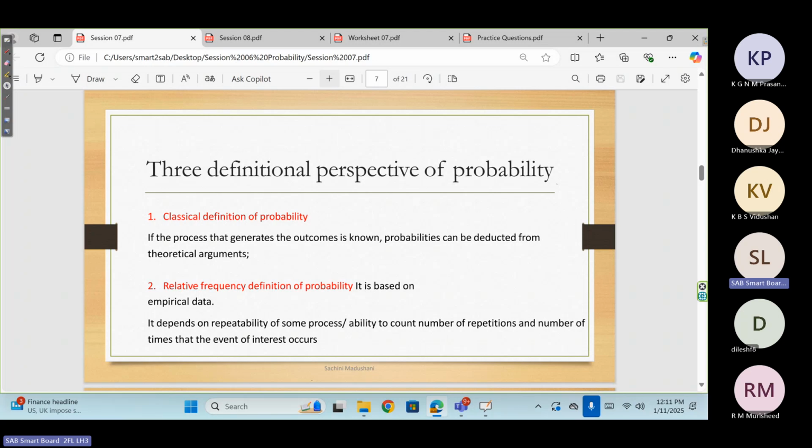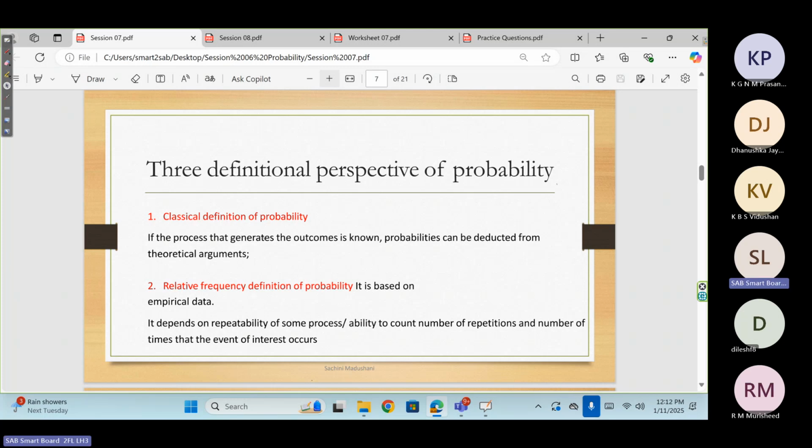Then how do we decide that probability value? There are 2 outcomes, and this one is one of the outcomes. Then we can say 50% or half or 0.5. It is based on the theory, and that approach we call the classical approach.